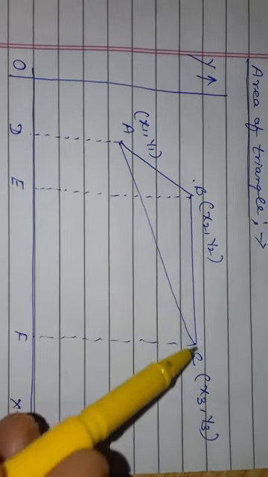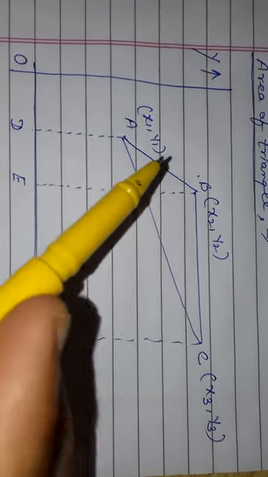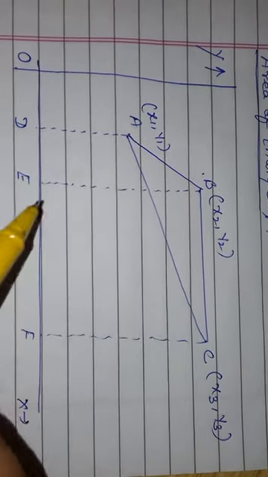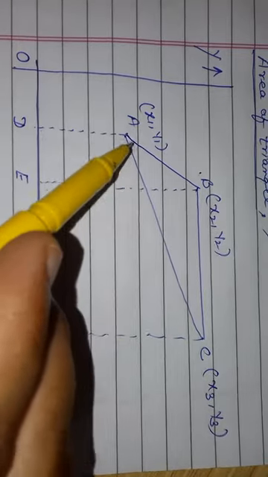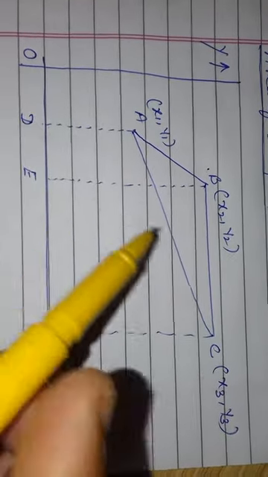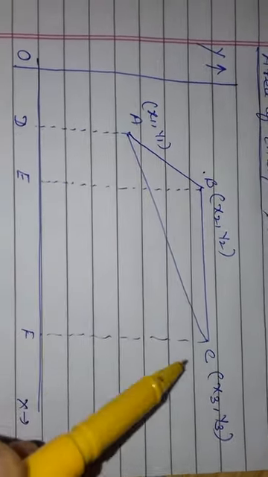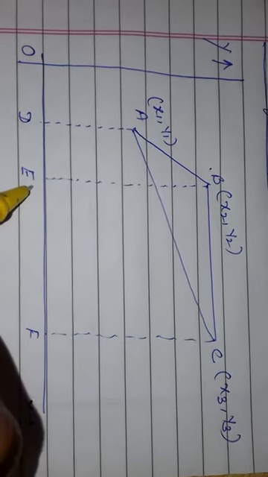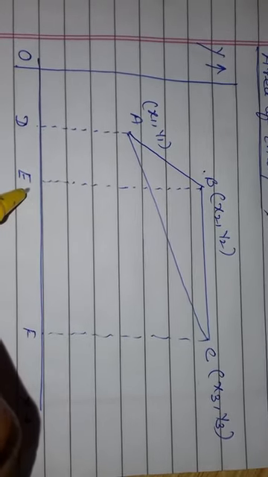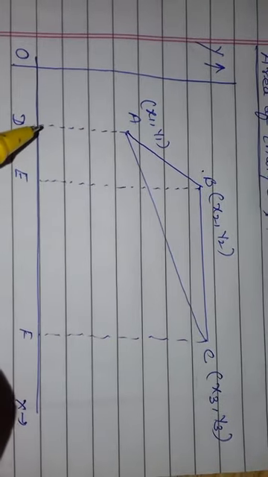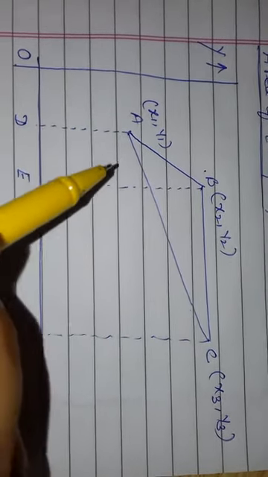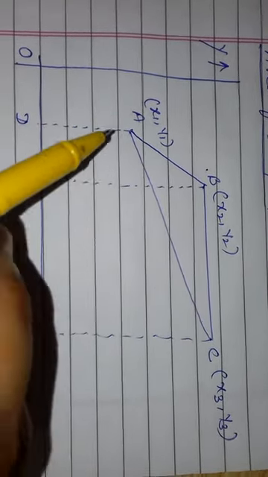So the whole area will be area of trapezium ABED plus area of trapezium BCFE. And adding these two trapezium, we will get this area, and from this area we will subtract the area of trapezium ACFD.